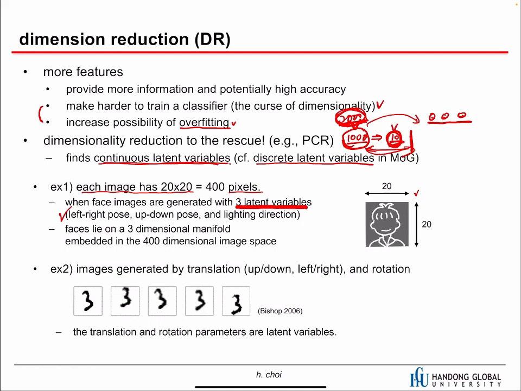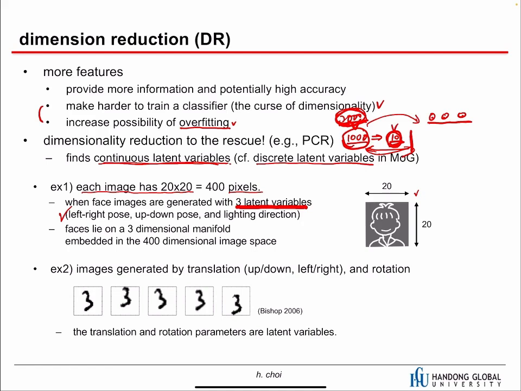If we take a face photo and change the left-right pose, the up-down pose, and the light direction, then we might have lots of face images. But think about this: all these images are actually the same image in a different pose and with different lighting direction.